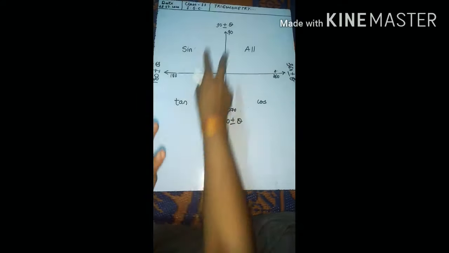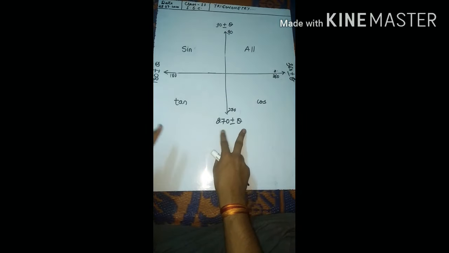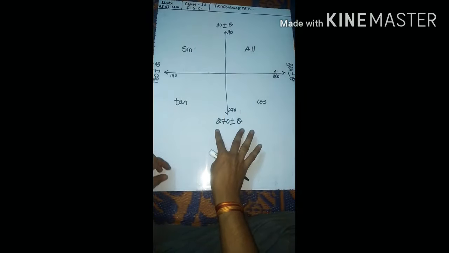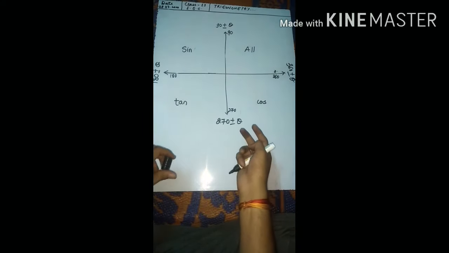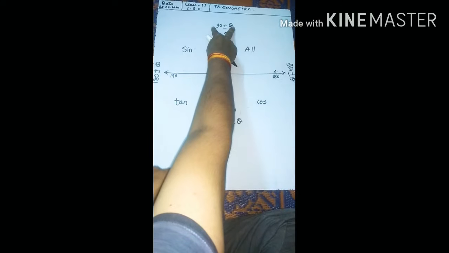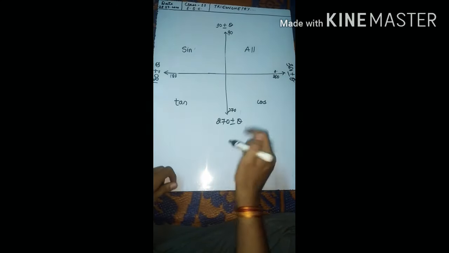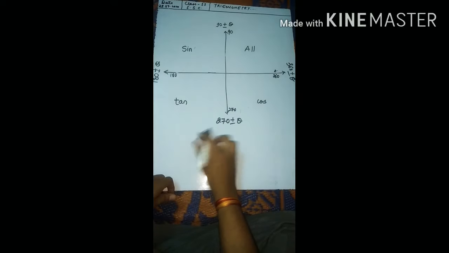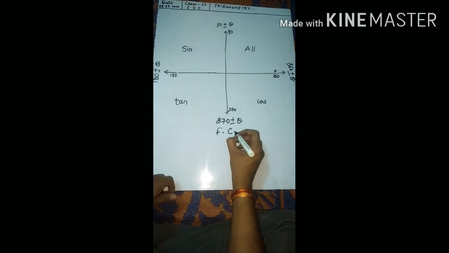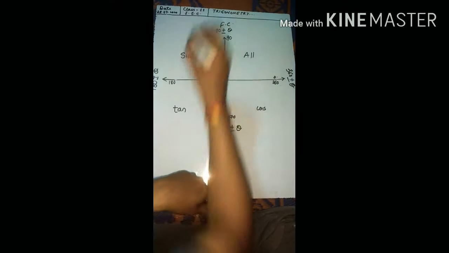Those 2 things are 90 plus minus theta and 270 plus minus theta. Are you understanding what I'm saying? Your function will change into its co-function if you have 90 plus minus theta or 270 plus minus theta. So I'm writing here, function changes, FC I'm denoting. Okay, and here also function changes.